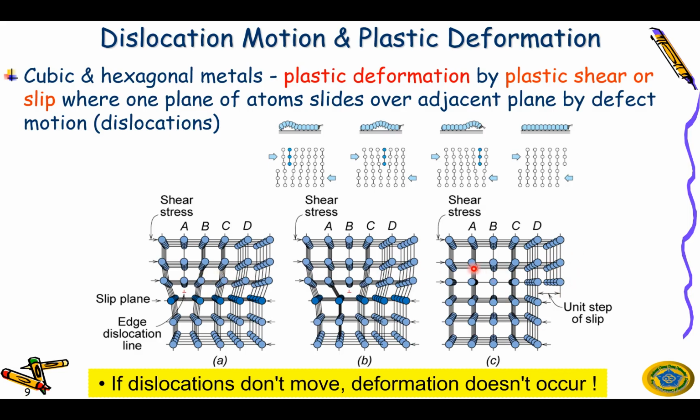Deformation. So if you want to make this material deform, you need to use force. And the force we calculate is about 10% of the theoretical value. So this is the dislocation. If dislocation doesn't move, the deformation doesn't occur.